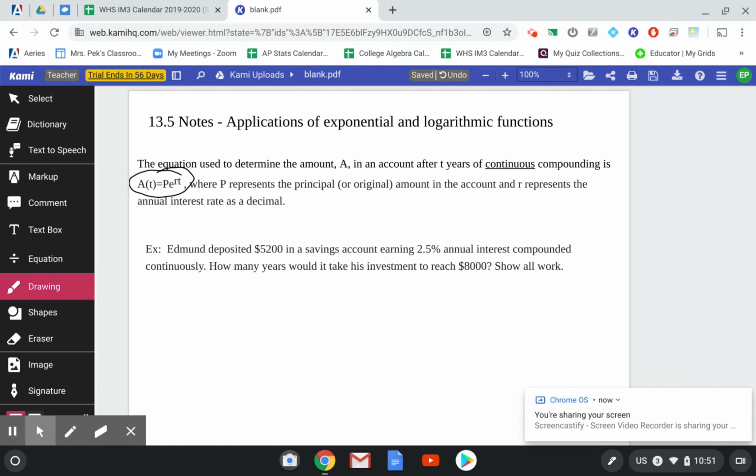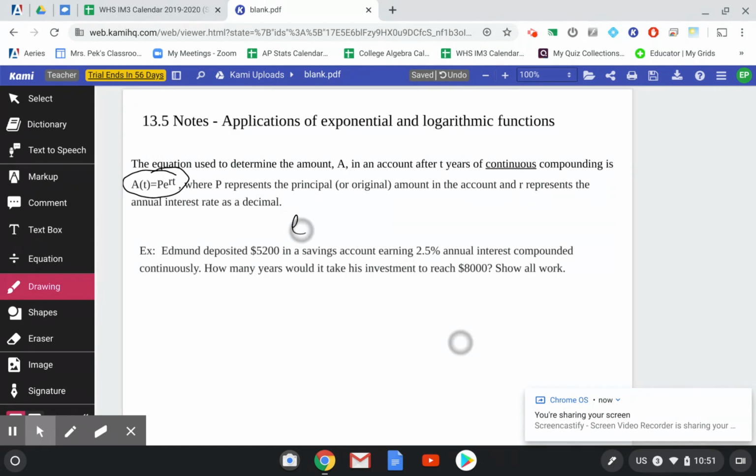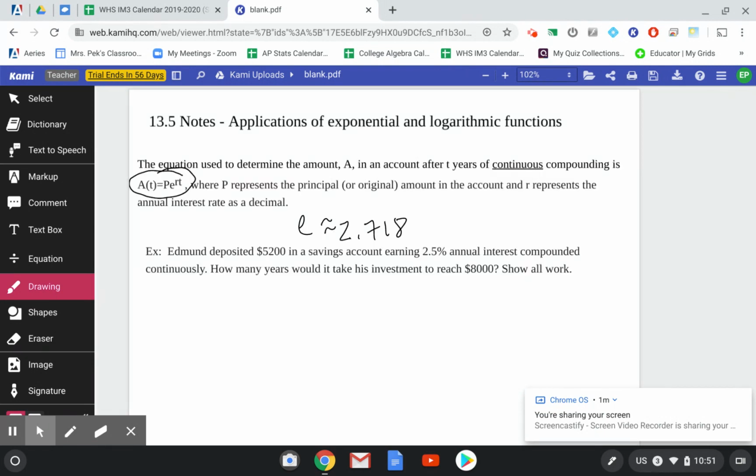R represents the annual interest rate as a decimal. E, remember, is a constant value. If you plug e in your calculator to see what it is, e is approximately 2.718. There's more decimals there as well. And then t is our time in years.